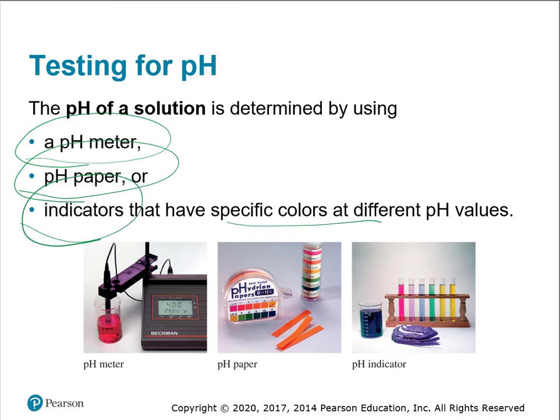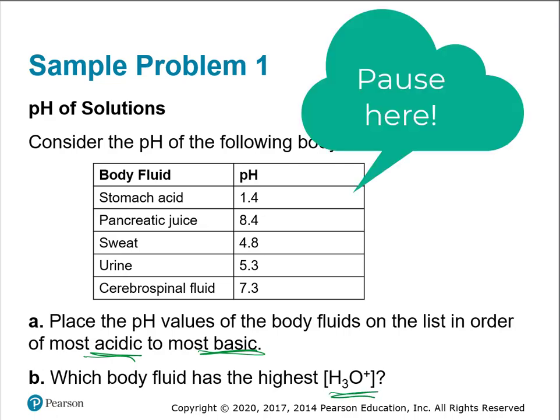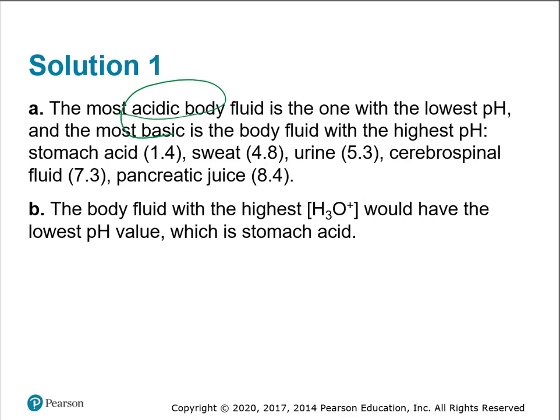Consider the pH for the following bodily fluids: your stomach acid, pancreatic juice, sweat, urine, cerebrospinal fluid. Place the pH values of the body fluids on the list in order of most acidic to most basic, and tell me which body fluid has the highest hydronium ion concentration. The most acidic body fluid is the one that has the lowest pH.